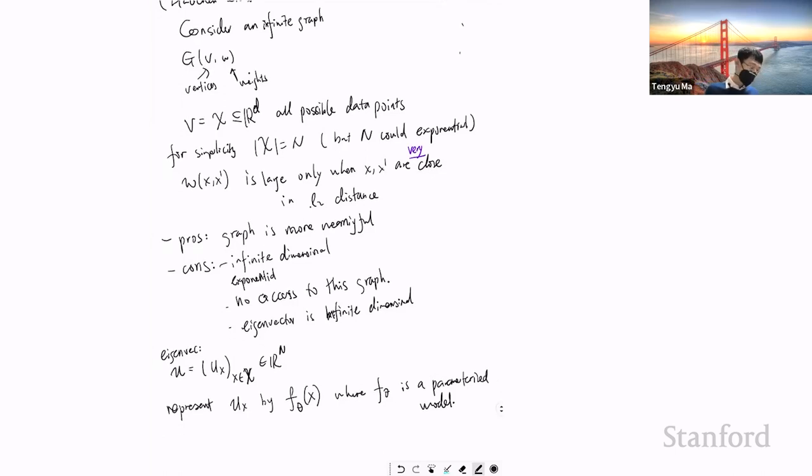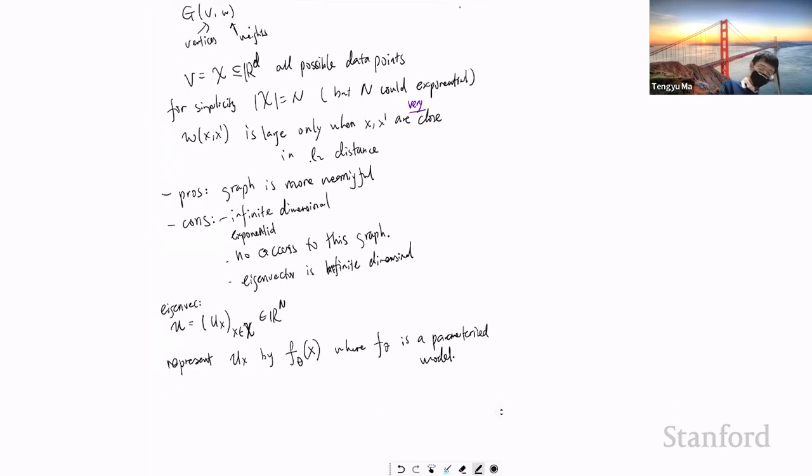Now the question changes to: you want to find theta such that this very high dimensional vector f_theta(x) is an eigenvector of the graph G. So you are trying to find a low dimensional parameter theta, not a high dimensional vector anymore.